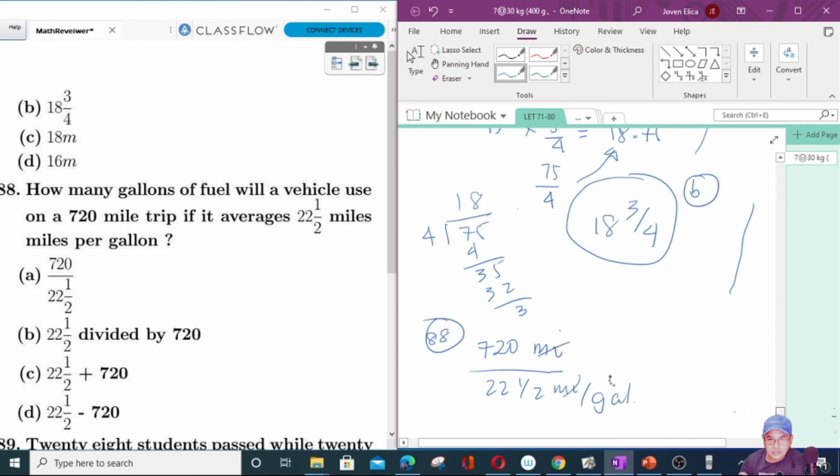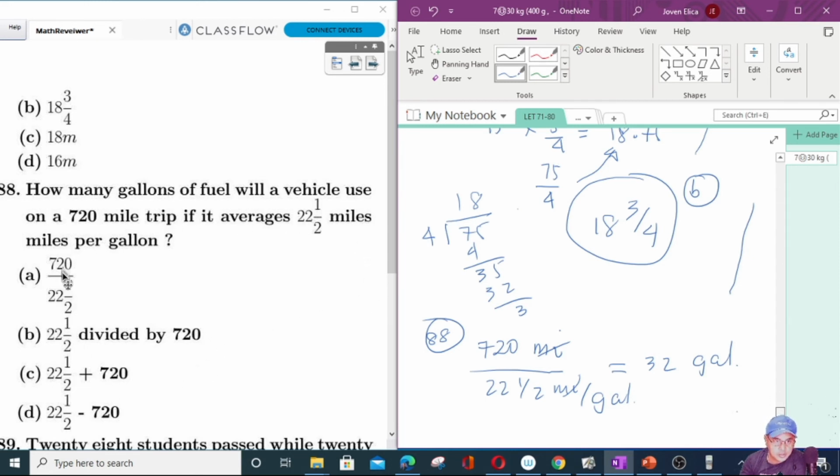Miles will cancel out, so this is equal to 32 gallons. How many gallons of fuel?